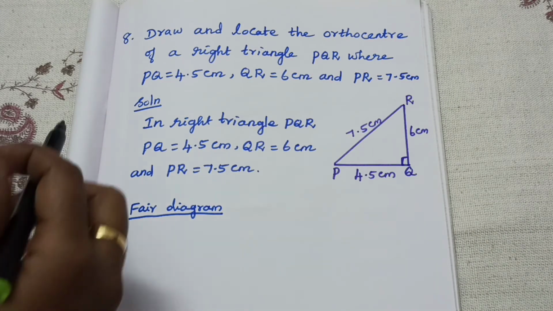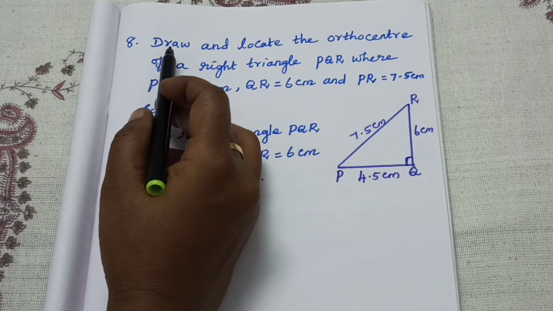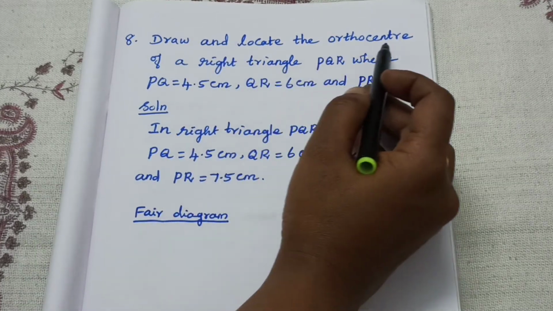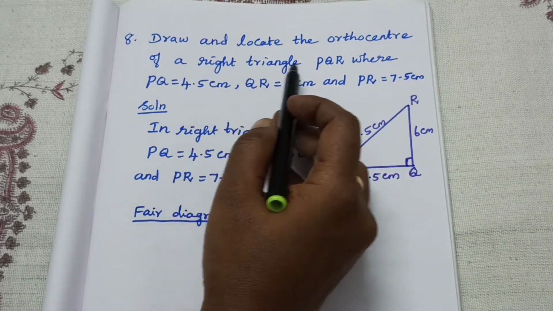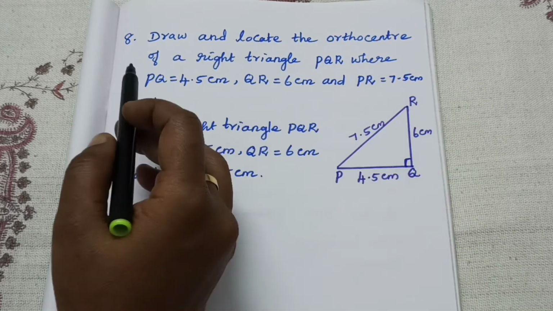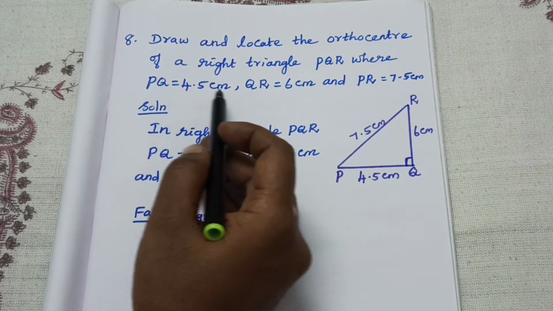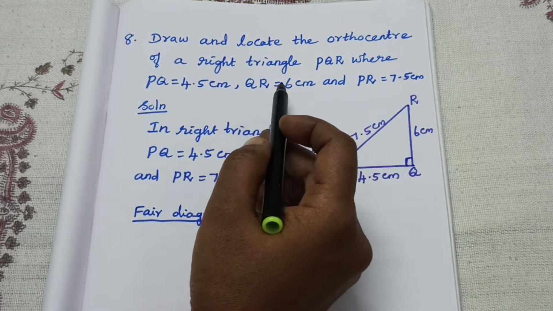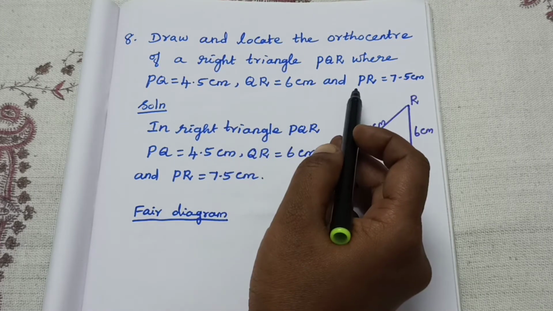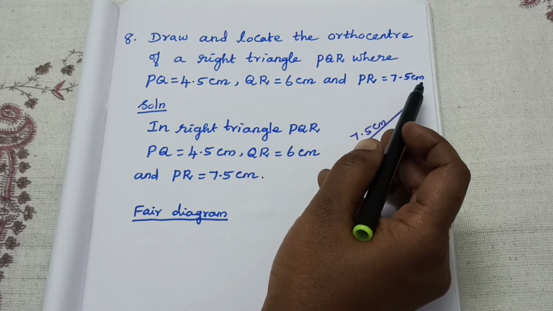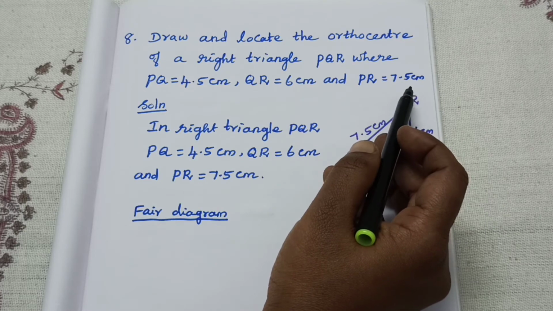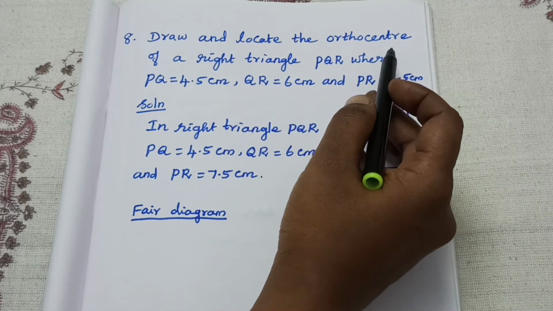Now one more problem. 8th sum. Draw and locate the orthocenter of a right triangle PQR, where PQ is equal to 4.5 cm, QR is equal to 6 cm, and PR is equal to 7.5 cm. Then locate the orthocenter.